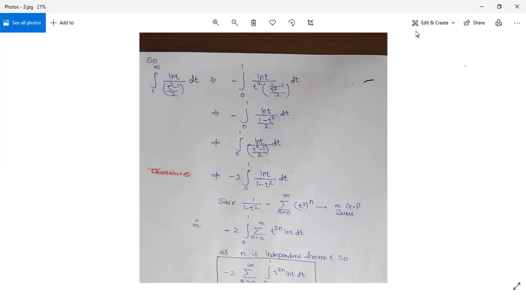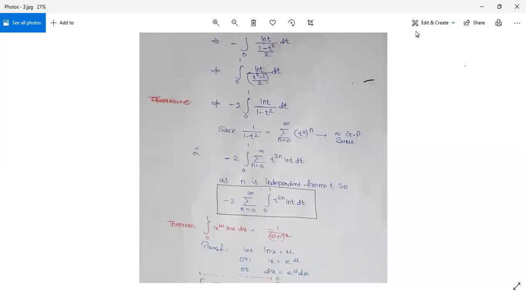So this integration is now converted to negative of integration from 0 to 1 of natural log of t divided by t square into bracket of 1 by t square minus 1 by 2 dt. Rearranging these things, you can simply end up here. I've just rearranged things, and you will end up with negative of 2 integration from 0 to 1 natural log of t divided by 1 minus t square dt.